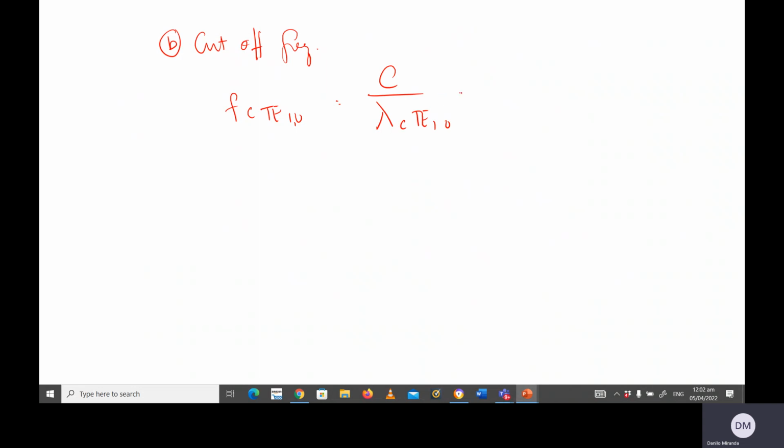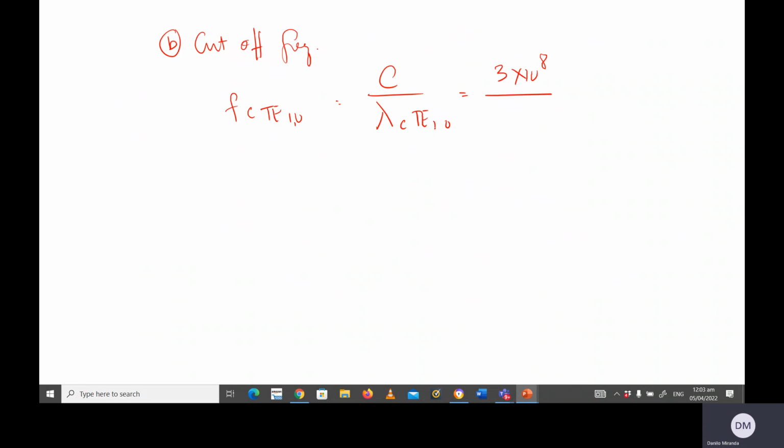So meron kang 3 times 10 to the speed of light over so 5, no? 5 centimeter.